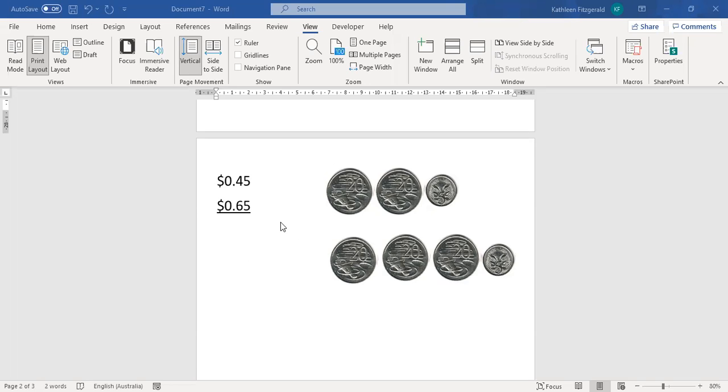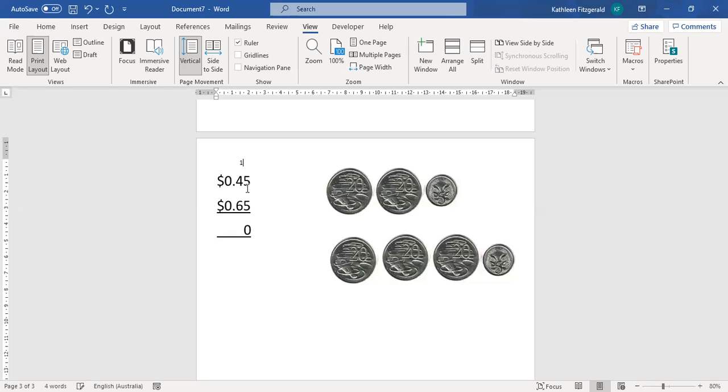Okay, so if we did this using our addition strategies for decimals, we would be looking at moving that across to 5 plus 5 is 10 cents. So we would put our 0 there, and then we would have an extra 1 up here in our tens column.